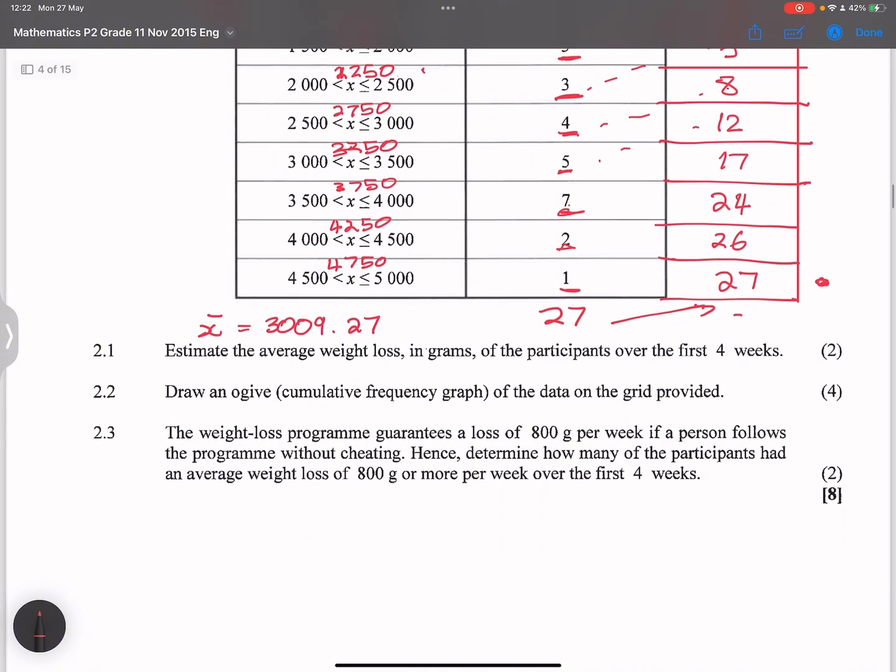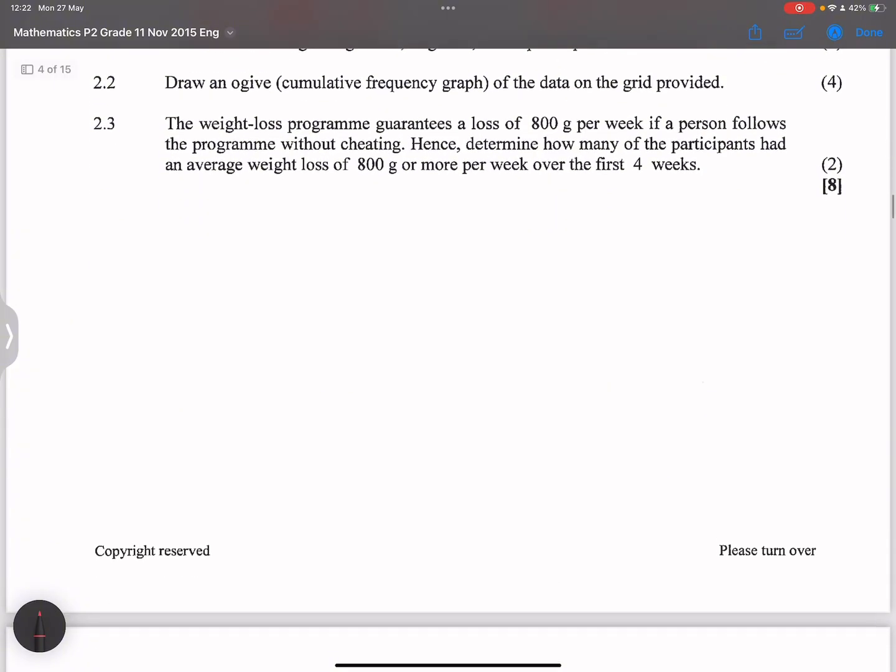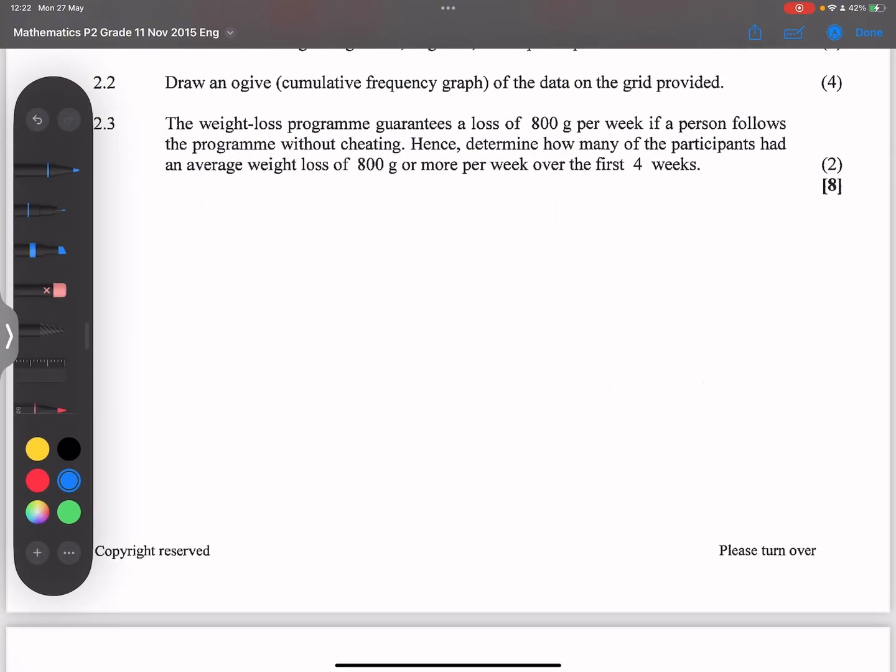All right, now they say to us, draw an ogive. Draw the cumulative frequency graph of the data on the grid provided. Unfortunately, I don't have that grid, but let's try and draw ourselves a cumulative frequency graph there.